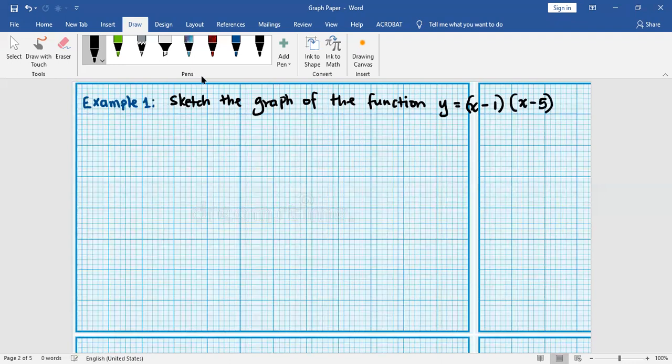Okay, so this is the graph that we are going to sketch. Now, to sketch this graph, number one, you must know the x-intercept. So let us find out the x-intercept.